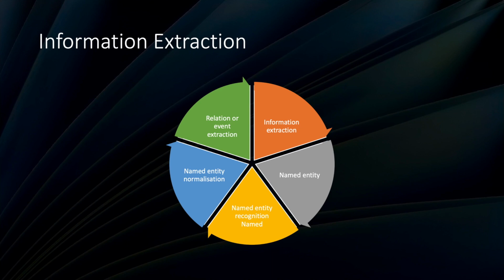Some relevant terms here are, for example, a named entity, which is a thing, which could be a concept, item, or object that is relevant for the application. Then we have named entity recognition, that's extraction of named entities. Named entity normalization is linking extracted entities to identify a relation, or event extraction of entity relationships.